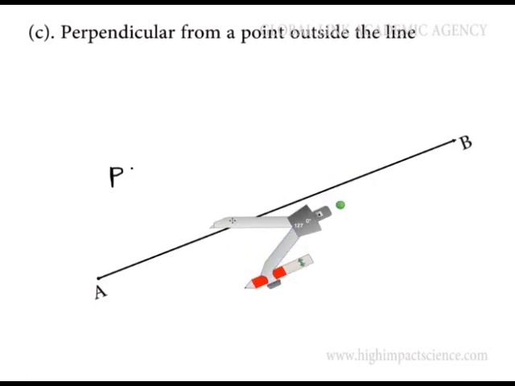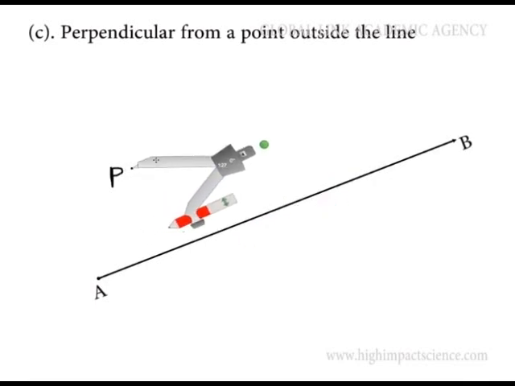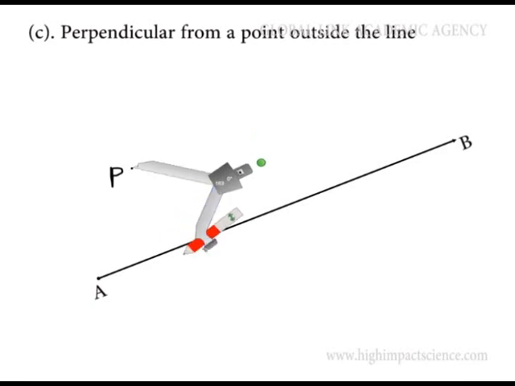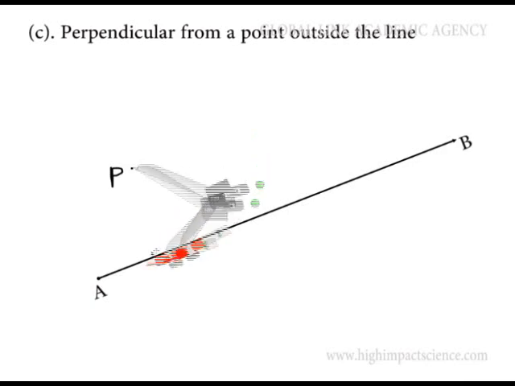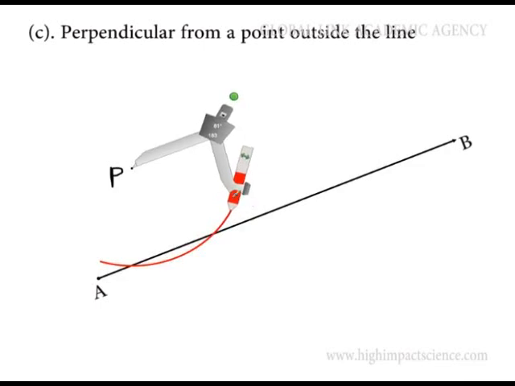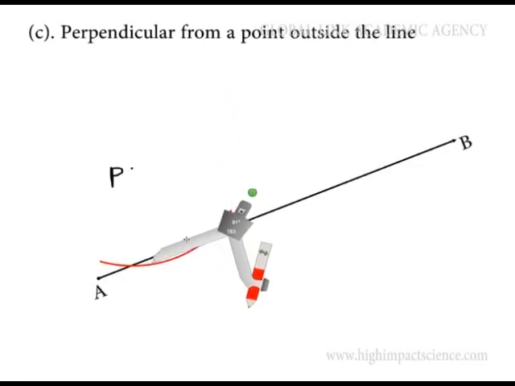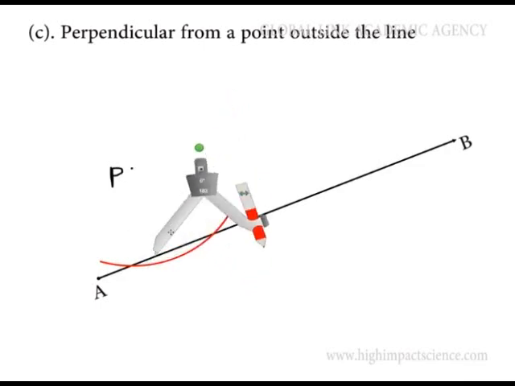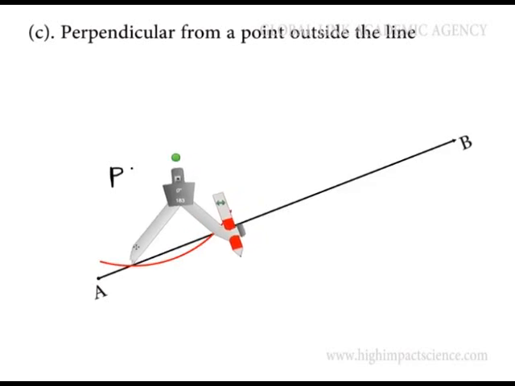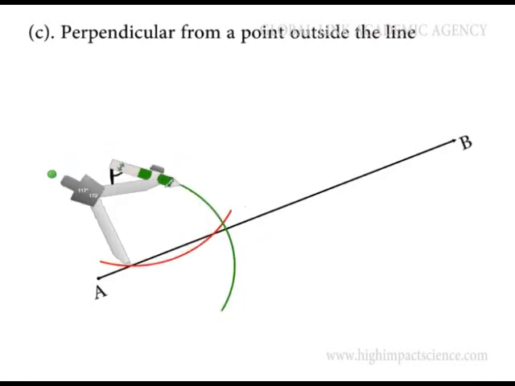So place the compass at point P. Open it sufficiently and mark an arc that cuts the line at 2 points. Then place the compass at one point of intersection and make an arc.